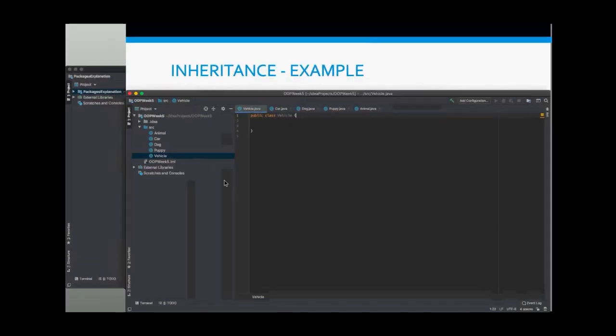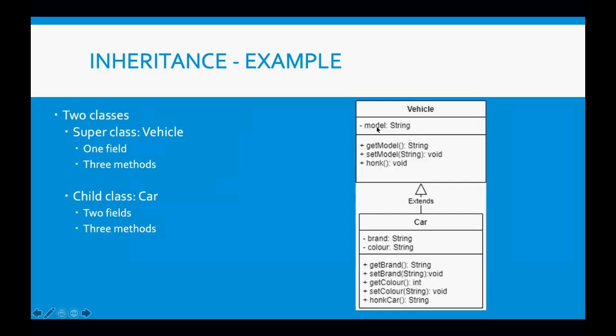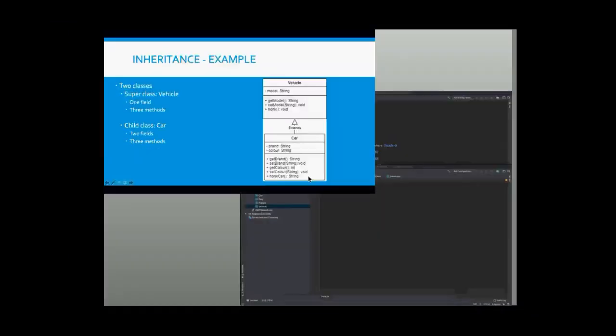As we've seen in this class diagram, we've got one field, which is the model, and it's a string. And we've got three methods, which are the getter and setter for the model string, and another method called honk, which is basically going to honk.